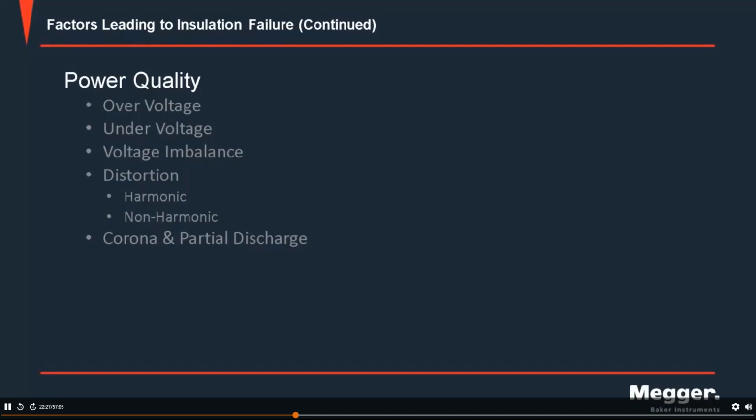If there's voids in the insulation, for example, that can lead to internal partial discharge, which will cause basically acids to form internally and then eventually lead to turn-to-turn or turn-to-ground internal failures. So being able to detect partial discharge activity is also another important element of a motor testing program.